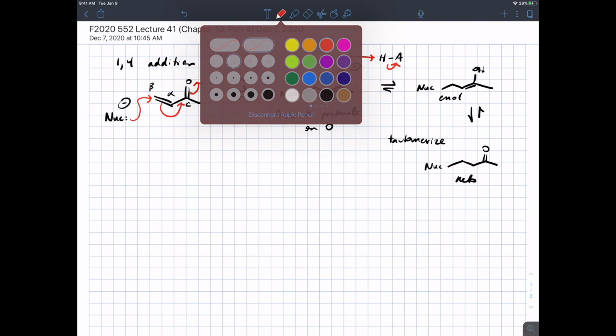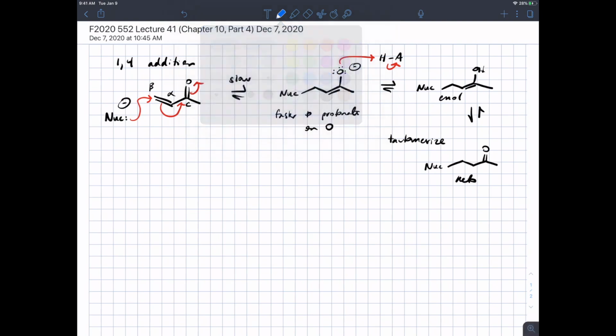Incidentally, looking at this enol is the one way you can understand why on earth this is called a 1,4 addition. Start with 1 on the oxygen, 1, 2, 3, 4, and the things you add, proton and nucleophile, are on atoms 1 and 4.